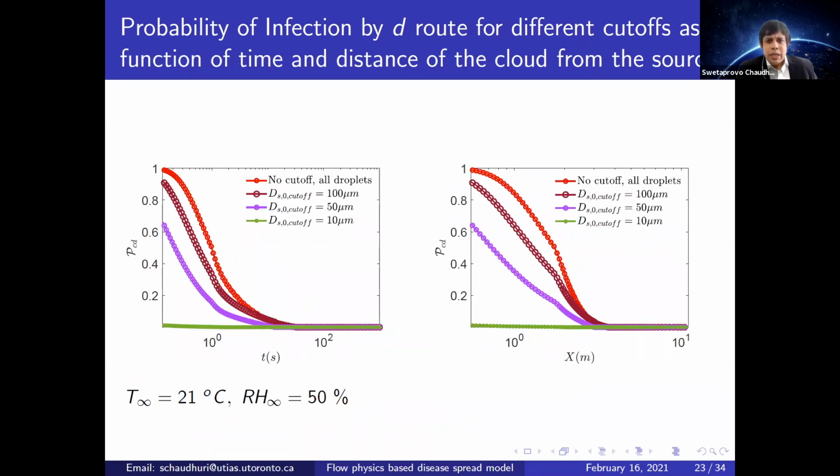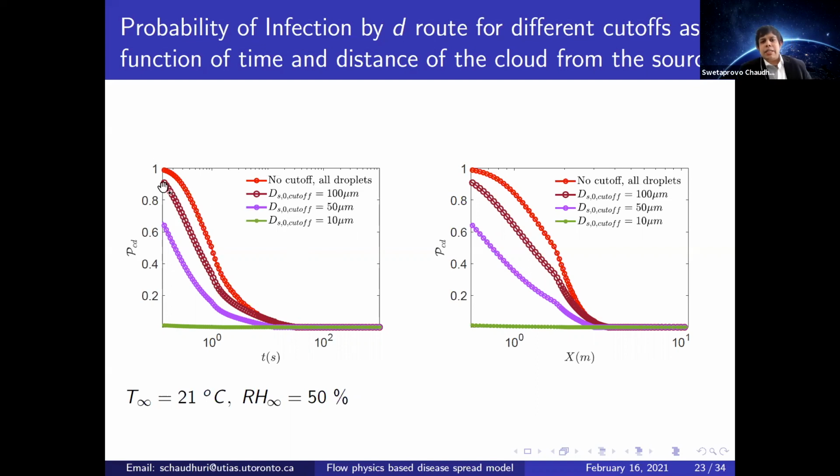So next we plot the probability for the different droplets, including different cutoffs. So here we provide cutoffs, that is, if we can prevent the ejection of droplets beyond these particular sizes, beyond 150 and 10, what will the probability look like?